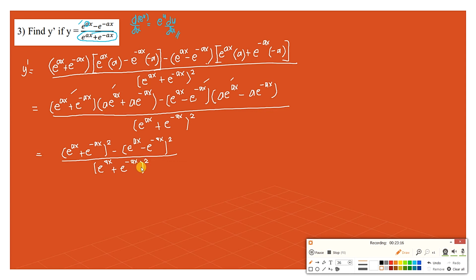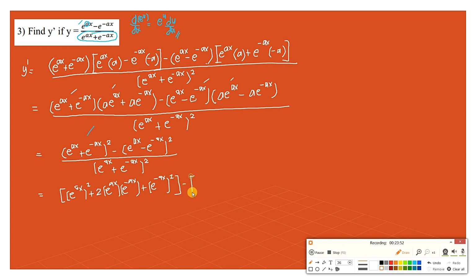Yan. Tapos, expand natin. Yung first term, expand. Ito muna tayo. Expanding that. Okay, yung e raised to ax, first term, naka-squared. Plus, bring down 2 multiply yung first term at yung second term. Okay, plus square ng last term.